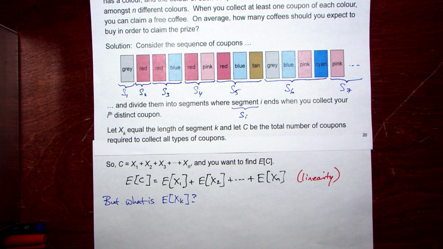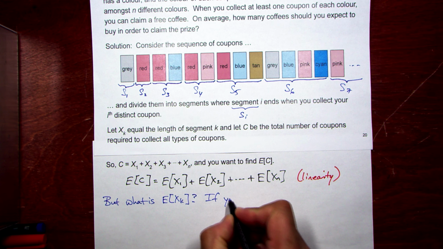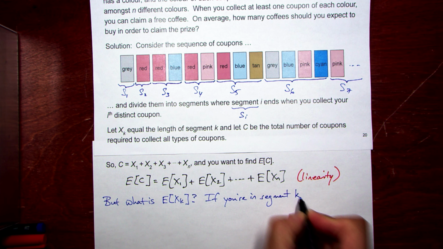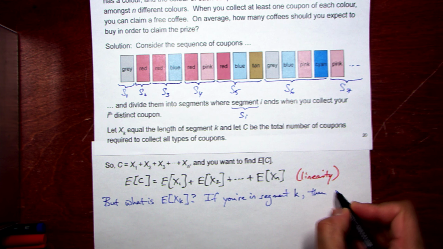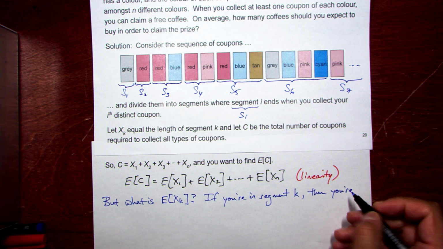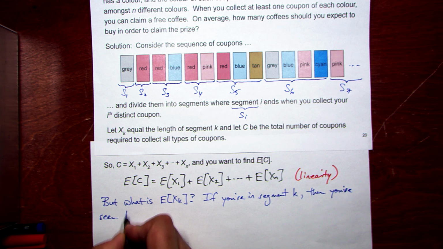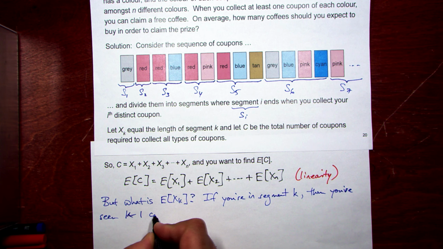Okay, so let's get that down. If you're in segment K, then you've seen K minus 1 coupons so far.